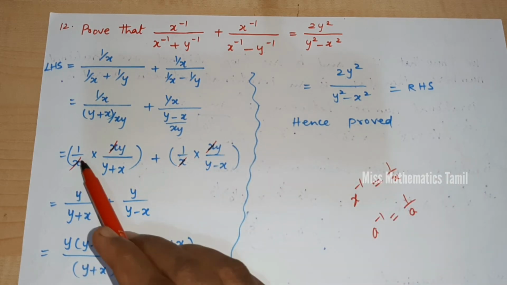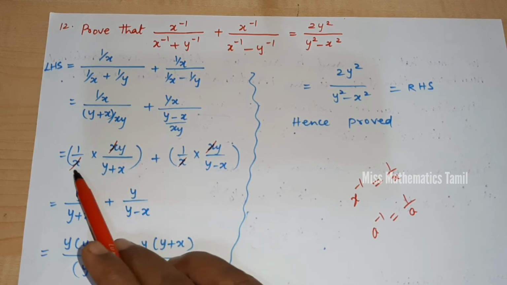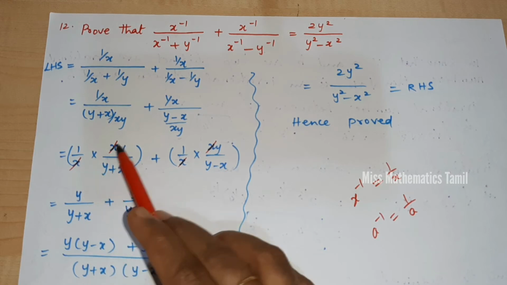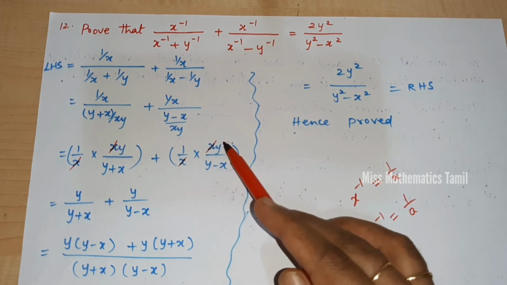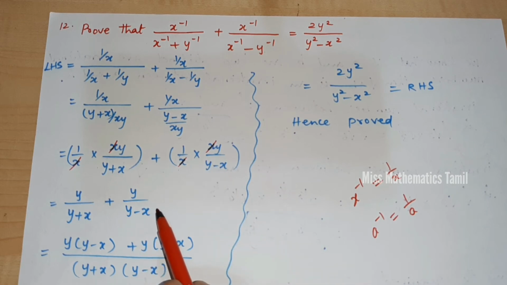Okay, next step, here denominator x and numerator x both are multiplication. See carefully, both are multiplication, then only I can cancel these two x. Also in this portion we can cancel x here. So y by y plus x plus y by y minus x I am getting.